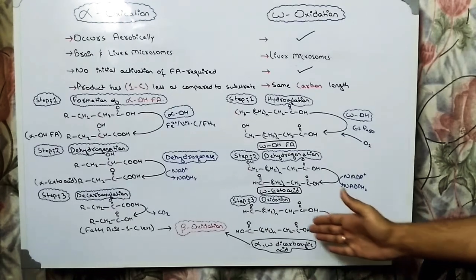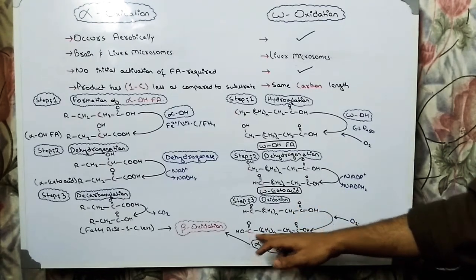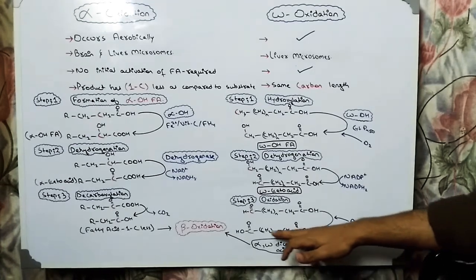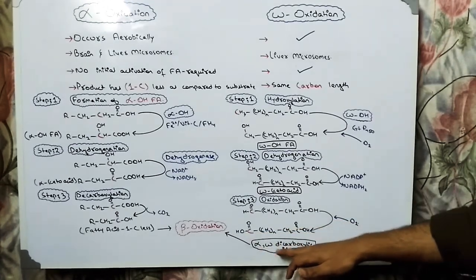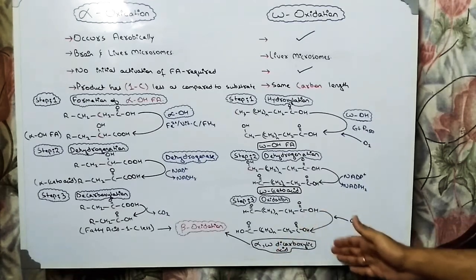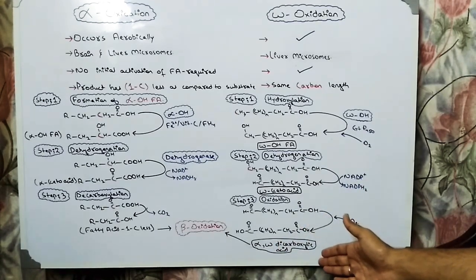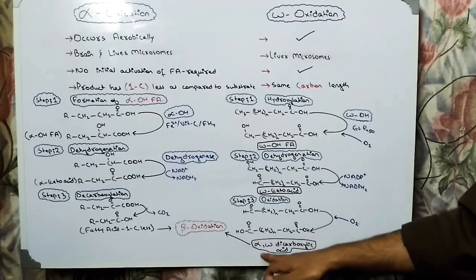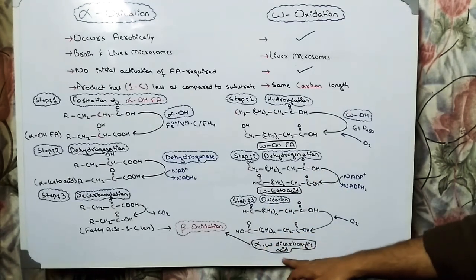So one carboxyl group is formed at the starting point of this fatty acid molecule, and one is formed at the ending point. In simple words, one is formed near the alpha carbon and the other on the omega carbon. So the compound is an alpha omega dicarboxylic acid.